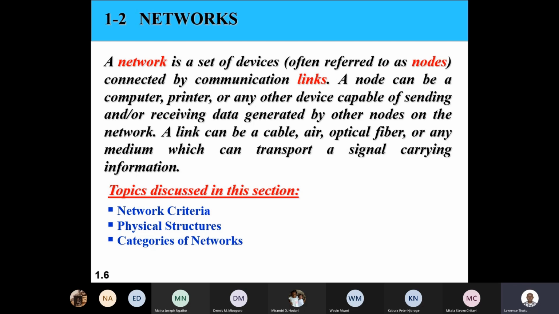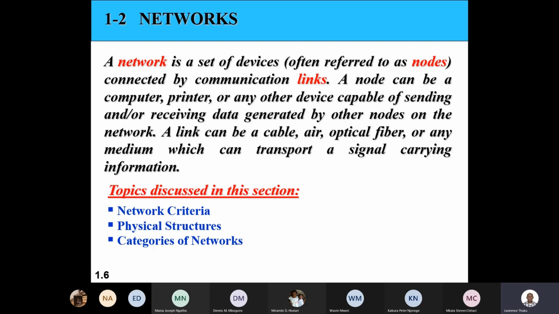This set of devices must have a way of sending and receiving data. If you talk about your computer, it must have a port that enables it to be connected to a physical networking medium like a cable. Or if it has an internal modem, then it's able to receive Wi-Fi communication.